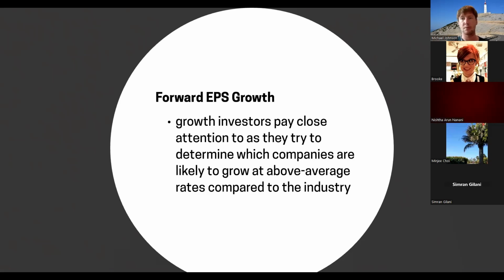So it should equal the P/E too. In this case, historical EPS growth should equal forward EPS growth and also equal the P/E ratio. All three measures should be similar.